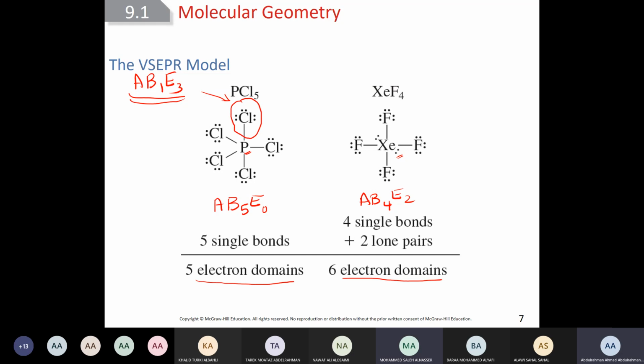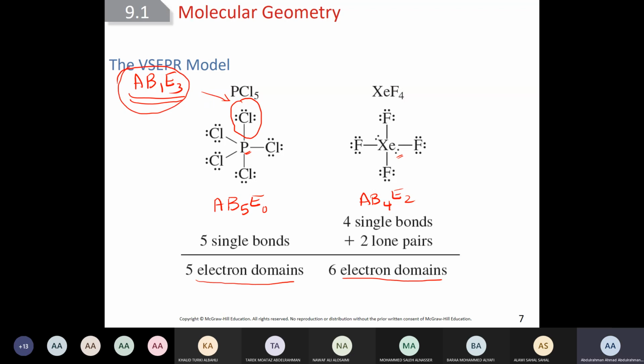So the electron domain is the number under B plus the number under E. Just a second, I'm going to talk about it.